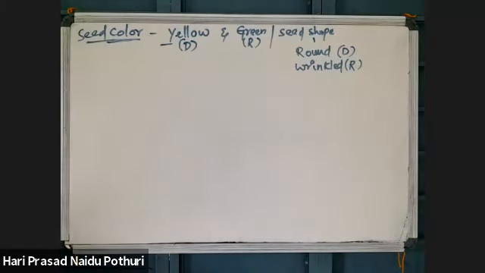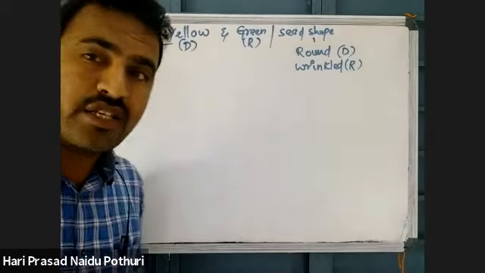Write that point. 2 parents he took, especially 2 true breeding pea plants. True breeding means homozygous for all genes.